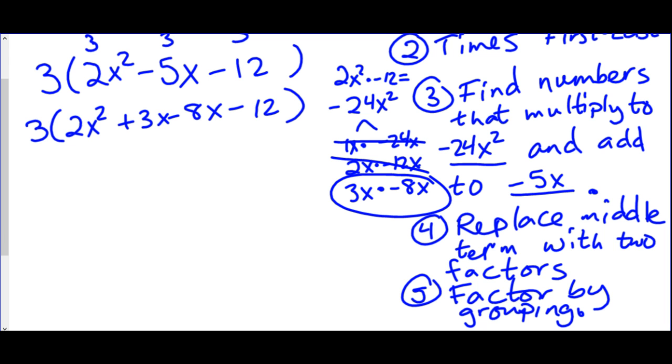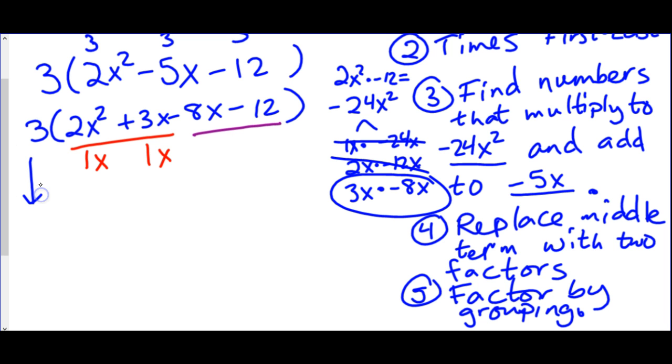So when we're factoring by grouping, we look at the first 2 separately from the last 2. We say what divides into both 2x squared and 3x. Well, the only number that divides into both 2 and 3 is a 1. They both contain a letter x, so we're going to have a 1x.